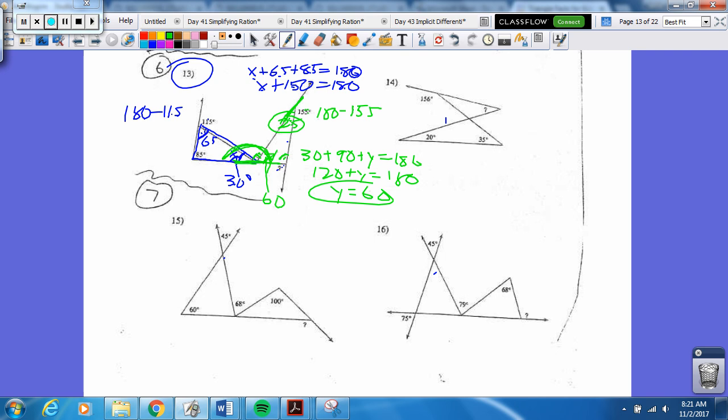Oh, I can get this angle now. Let's call this z. So 25 and 60 inside this triangle. So it's going to be 60 plus 25 plus z is 180. That's going to be 85 plus z is 180. Subtract 85, z is 95. Woo!